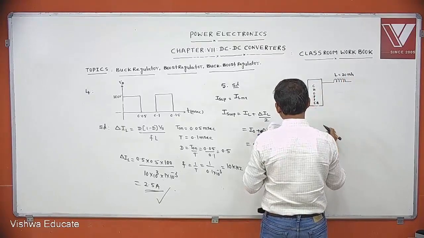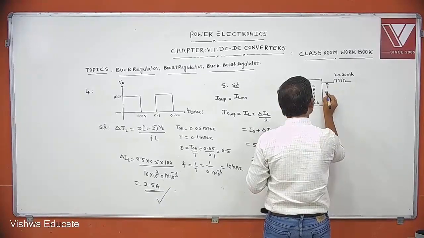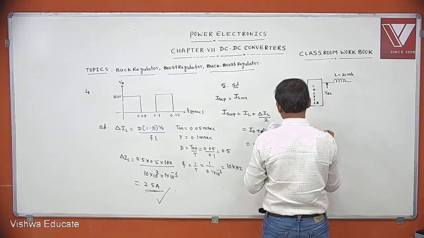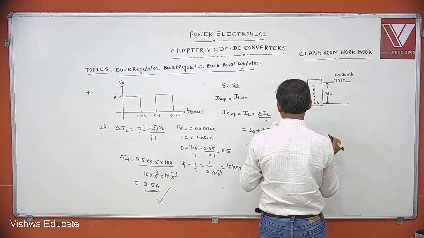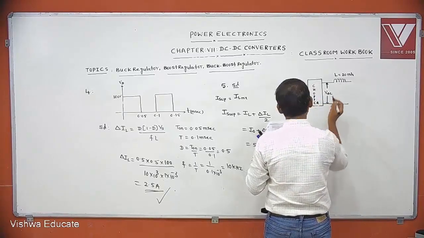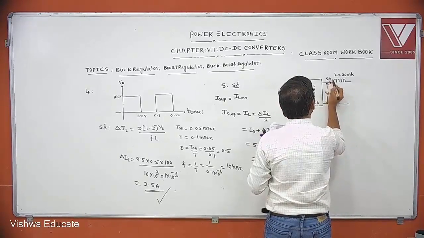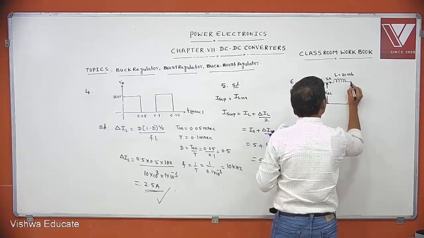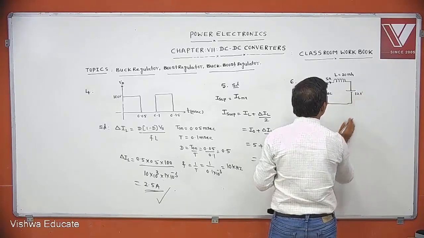This is the supply voltage VDC. This L is 20 millihenry and this is 5 amperes. And the battery is 12 volts, to charge the battery.